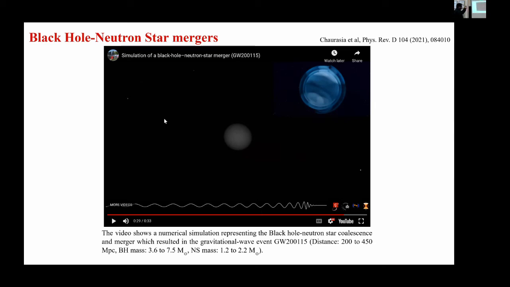So in terms of black hole neutron star mergers, this is what is called a non-disrupting system, where the neutron star is wholly swallowed by the black hole and there is no tidal disruption. The other kind of black hole neutron star merger is a disrupting one. In that scenario, the whole neutron star matter is smeared out, and it can form disks and also have tidal ejecta.